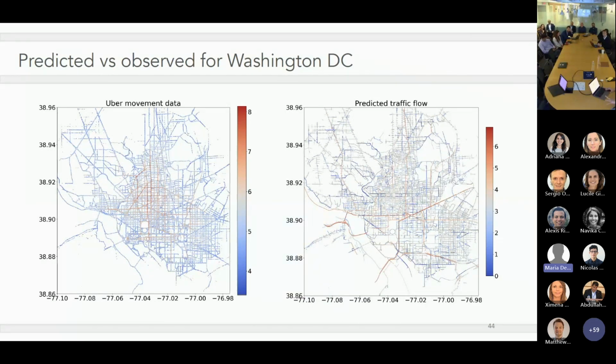We see that for the Uber Movement data, there's a lot of congestion around, I would like to say, the White House, north of the White House. And for our predicted data, we see the road segments that, once again, bring in movement from the outskirts into the city center are weighted higher and are far more prominent.